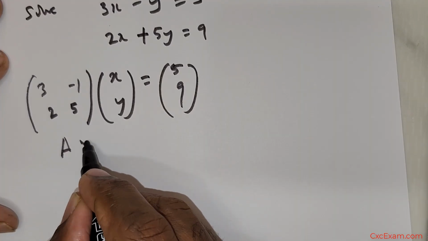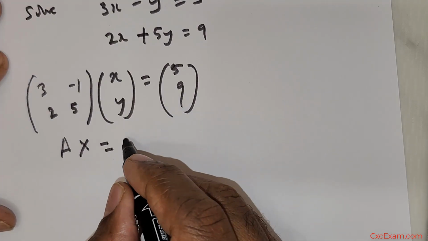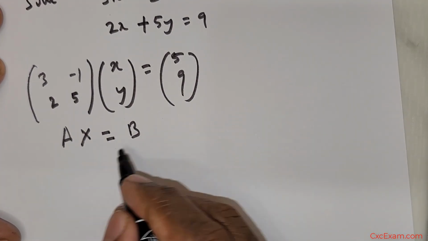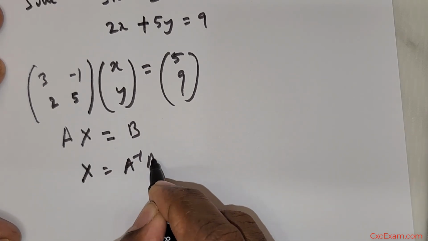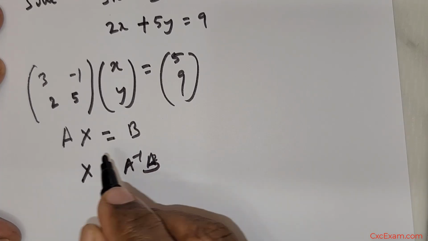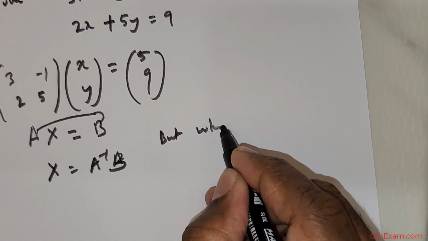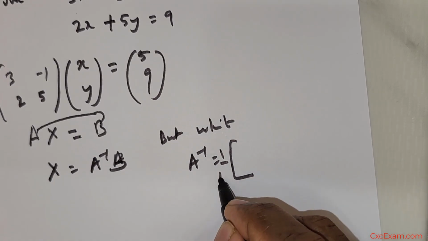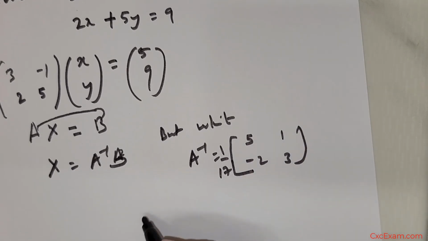So this is going to be my A, this is going to be my X, and this is going to be my constant, say some B. So if I'm rewriting this, to get the value of X, this is going to be A inverse times B. We know that A inverse is given as 1 over 17, 5, 1, negative 2 and 3.